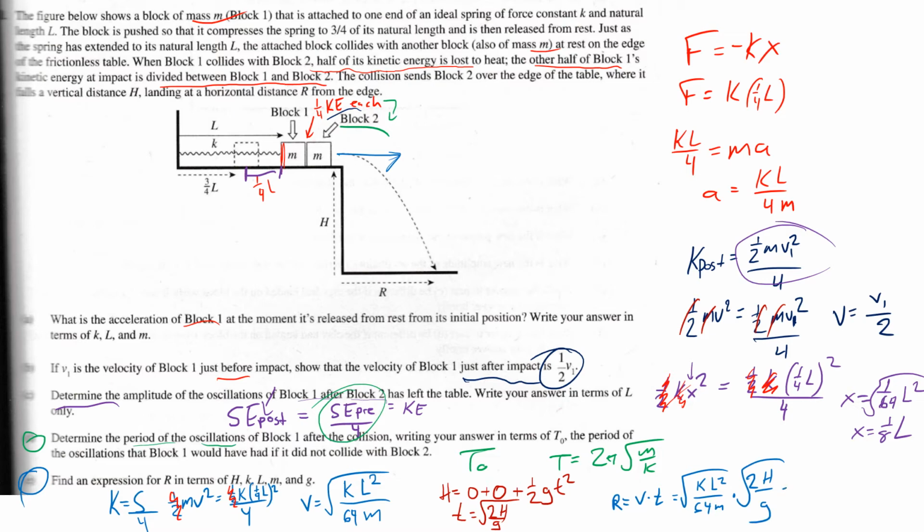And you could wedge it all together in one massive square root if you were so inclined, of kL squared 2h divided by 64 mg. And then, yeah, 1 over 32, but oh well. Okay, let's look at the nextest one.